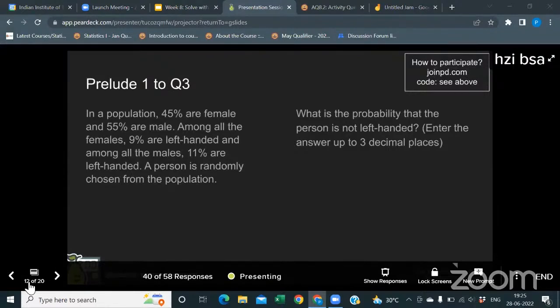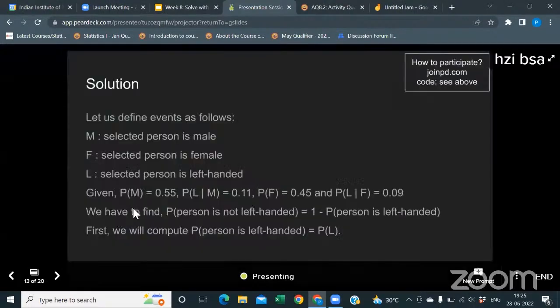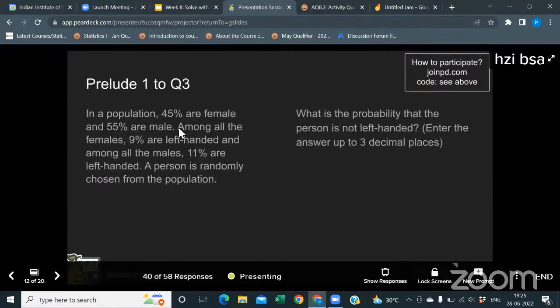See, in the question you can define the events: the selected person is male, the selected person is female, and L as the selected person is left-handed. It is given that 45% are female and 55% are male.